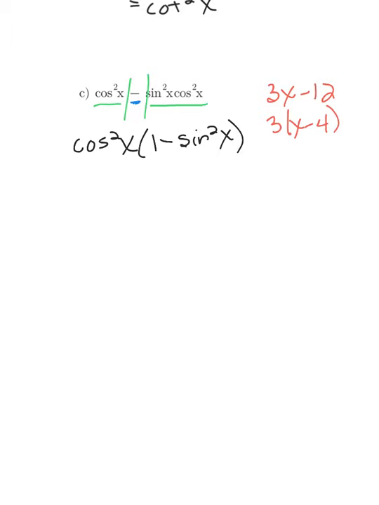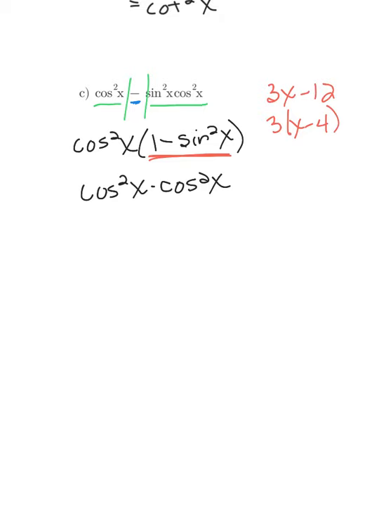When we start working with these kinds of problems, you need to recognize when you see something like this that it is one of the versions of the Pythagorean identities. 1 minus sine squared equals cosine squared. So we are going to now rewrite this as cosine squared of x times cosine squared of x.